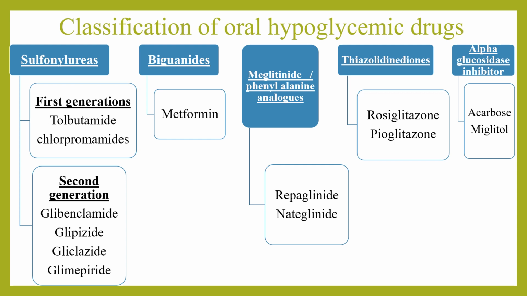Then meglitinide or phenylalanine analog, example repaglinide, nateglinide. Then thiazolidinediones, example rosiglitazone, pioglitazone. Then alpha glucosidase inhibitor, acarbose, miglitol. These are the drugs used for diabetic patients.